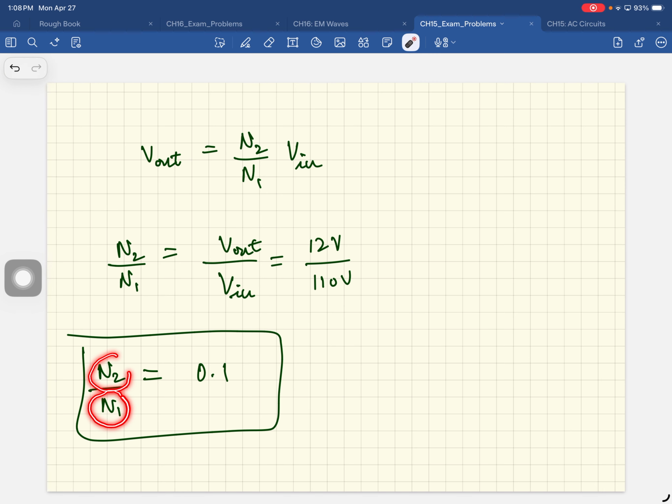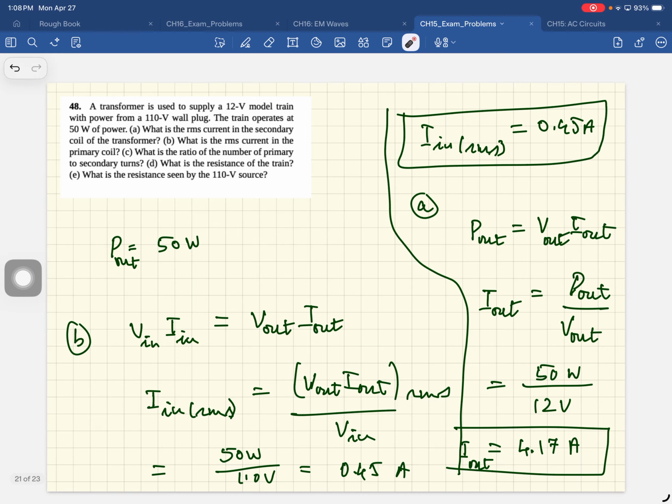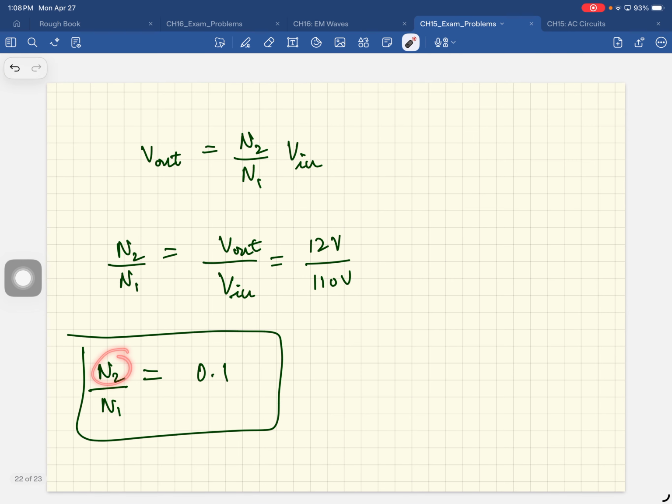So remember, this is a step-down transformer. So essentially, for 110 volts, you're getting 1/10 the voltage, output voltage. So the number of turns is 1/10 the number of turns.